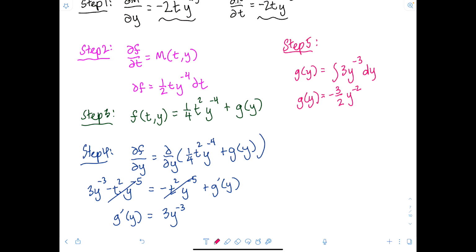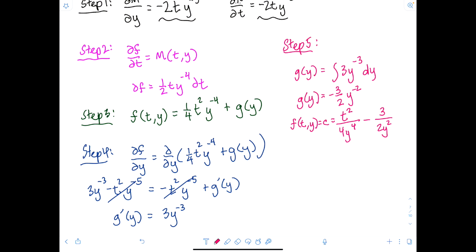And plugging that into our equation from step 3, we will have f at t and y equals c, which equals 1/4. Actually, I'll write these with positive exponents. So we'll have t squared over 4y to the 4th minus, because it's negative on that g at y, 3 over 2y squared.